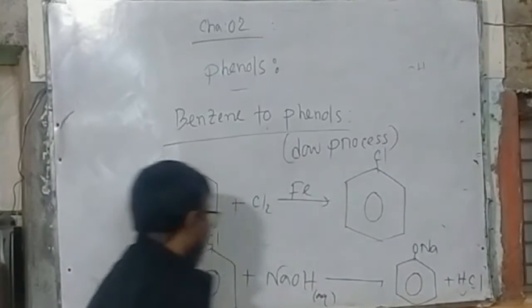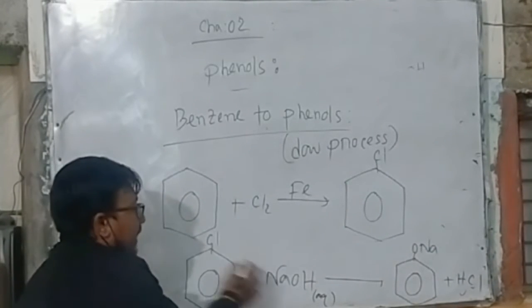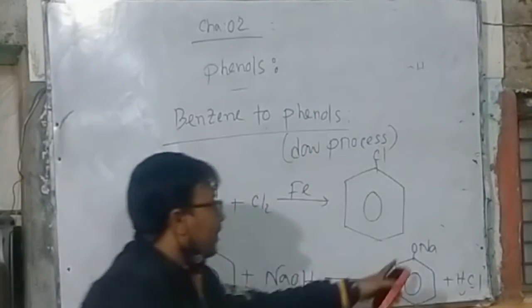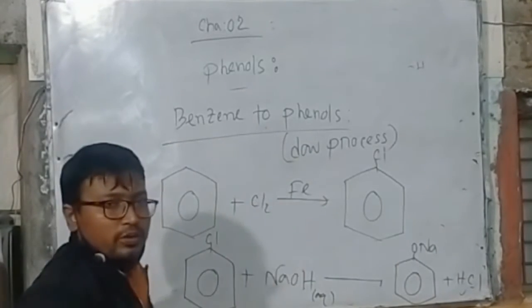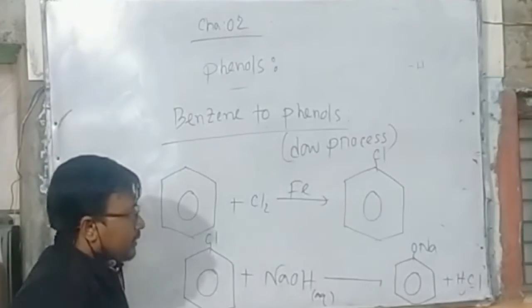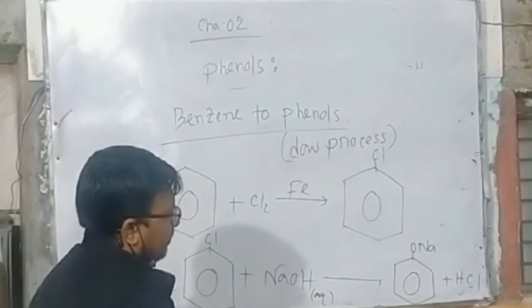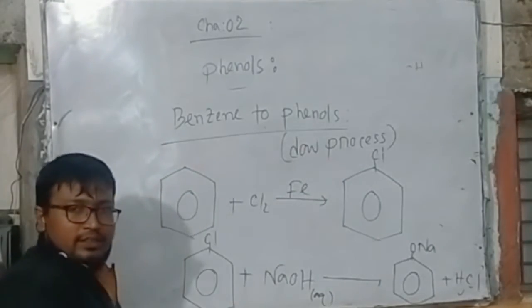Dear student, here is chlorine and this hydrogen makes HCl, and sodium phenoxide is produced. Have you written this?